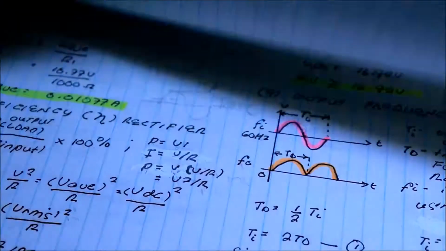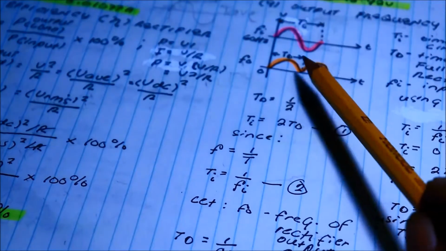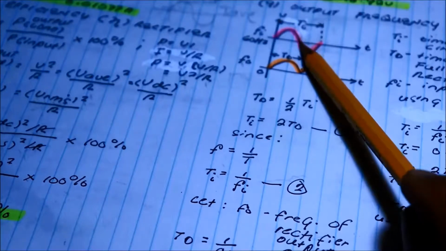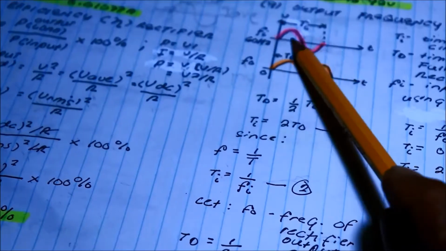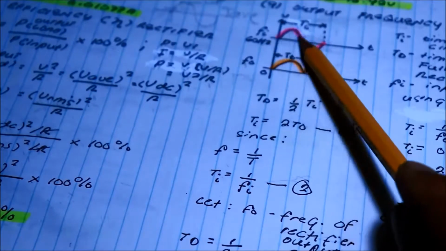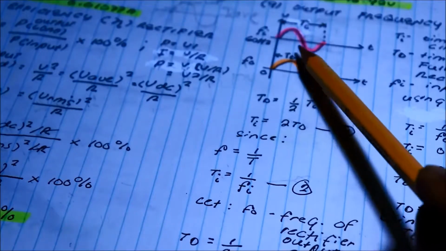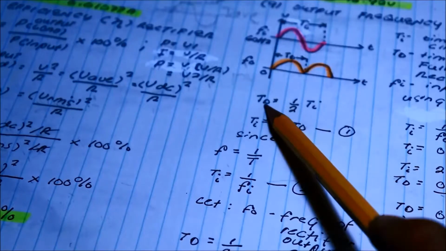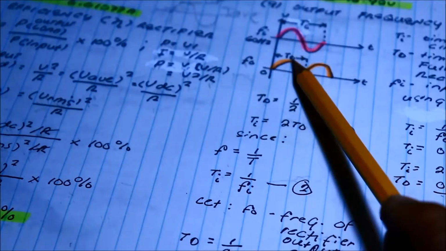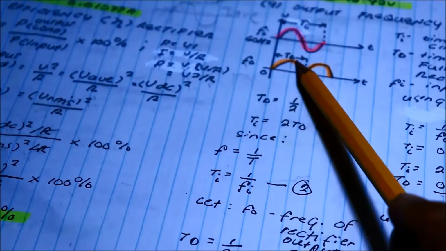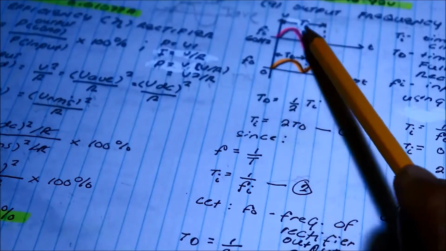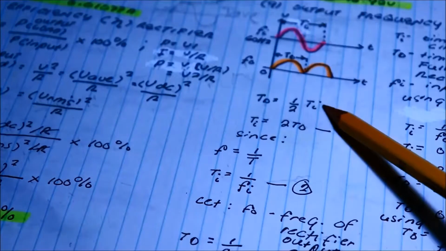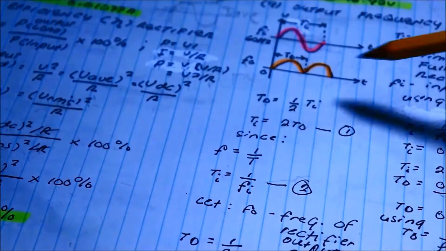As you have seen here, for the full cycle, the time period of the output of the rectifier is 1/2 of the input period from the analysis.